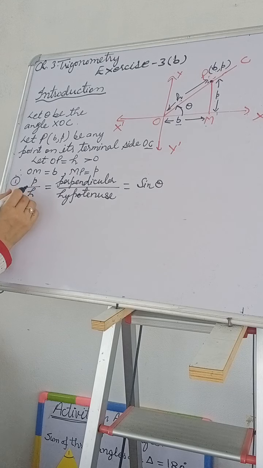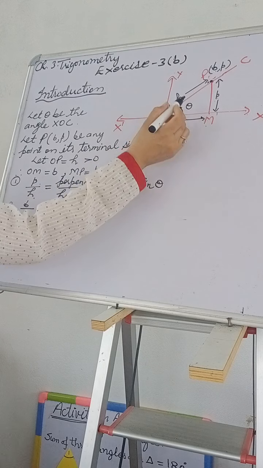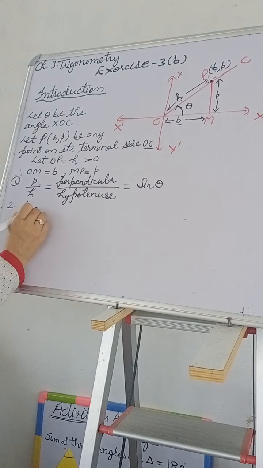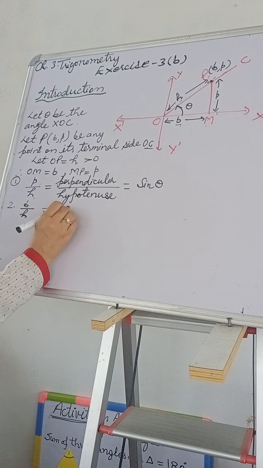This function is known as sine theta. Second function, b upon h, means x coordinate upon h, base upon hypotenuse, which is cos theta.